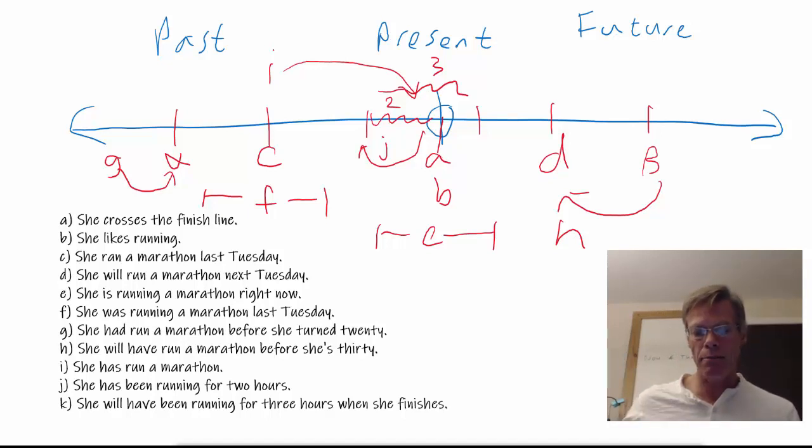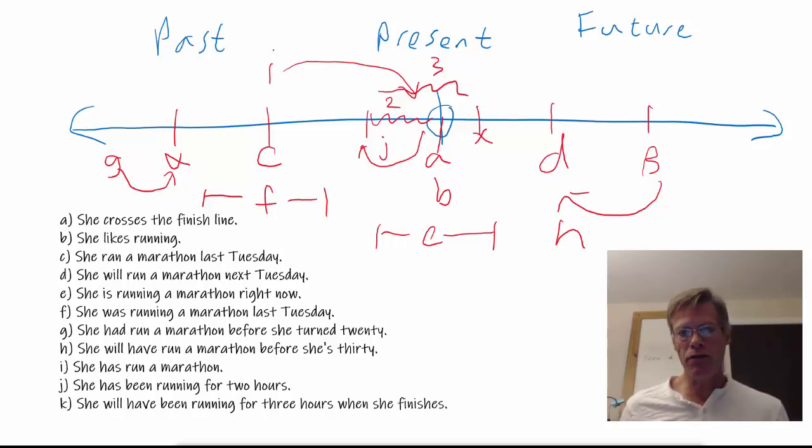It's going to end sometime in the future, at which case she will have been running for 3 hours when she finishes. So this particular spot here, which we'll mark with an X, is the moment when she finishes, and then that will have spanned 3 hours by the time that she gets there. So the finishing happens in the future. The rest of it probably extends from the past through the present into the future.